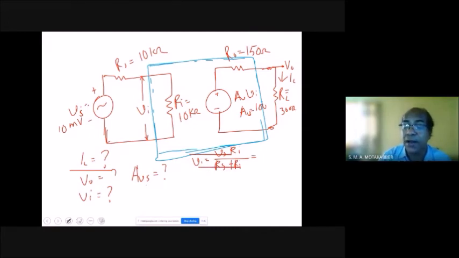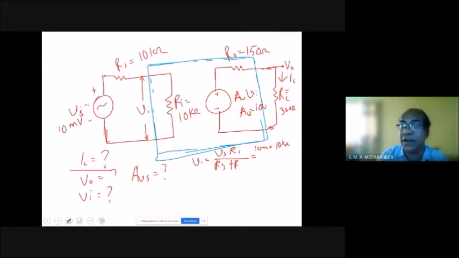So now you can write down VS is already given, 10 millivolt, multiplied by the resistance Ri, which is 10 kilo ohms.